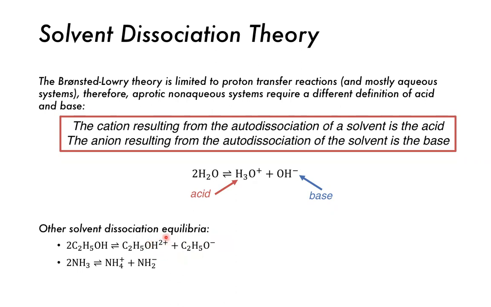That should only be 1+, and then it should be C2H5OH2+. Here we have ammonia dissociating to give ammonium plus amide. So amide is the base because it is the anion resulting from the auto-dissociation, and ammonium is the acid because it is the cation resulting from the auto-dissociation.